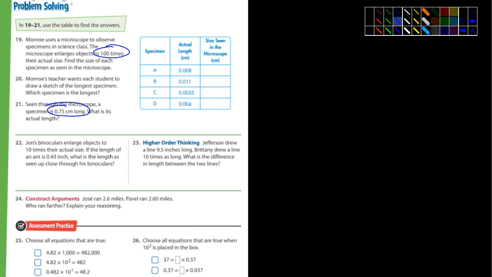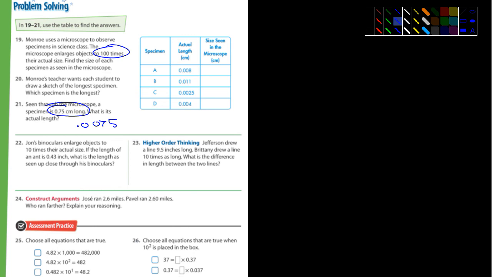But its actual length is going to be 0.0075. So there's your answer to that one. We've multiplied that number by 100. All right, 22, John's binoculars enlarge objects 10 times. Yeah, you guys can do that one.